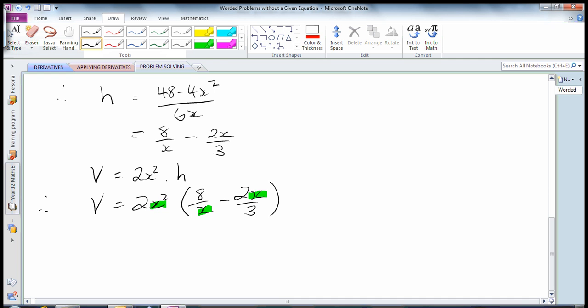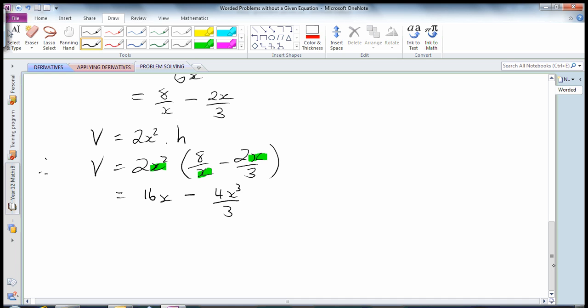Before I do that, let me just tidy it up so that we make the derivative a little bit easier for ourselves. So the first term will end up being 16x minus 4x cubed on 3. So we're just expanding the brackets there. The next step should be familiar to you. So from here on in, we're following our standard process.